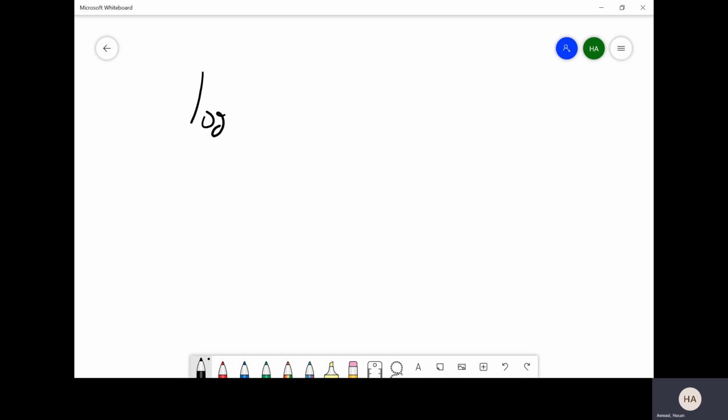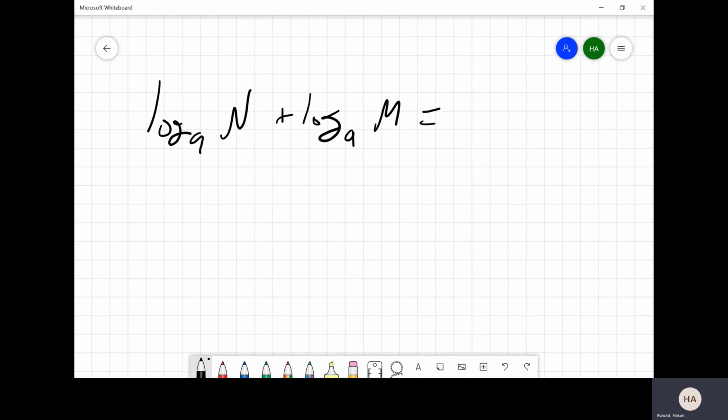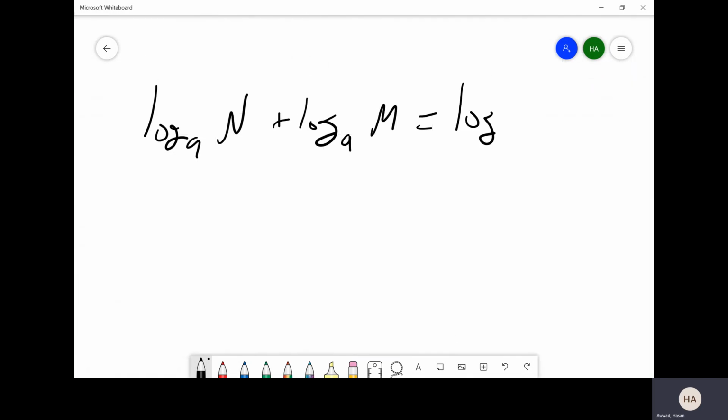If we have log base a of m plus log base a of n, also notice the same base, the product rule says that the sum is the log of the values multiplied together, so m times n, and of course the base stays the same.